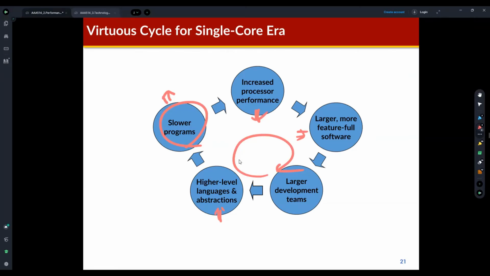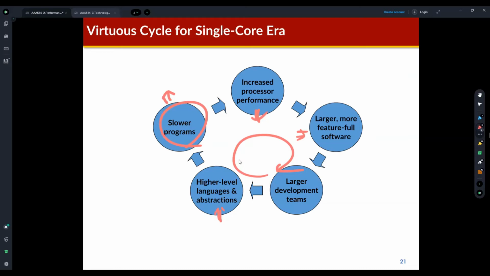Actually, every CPU was a single core before 2000. In order to use a good computer, we needed a better single core system.